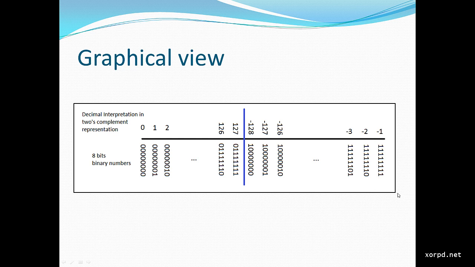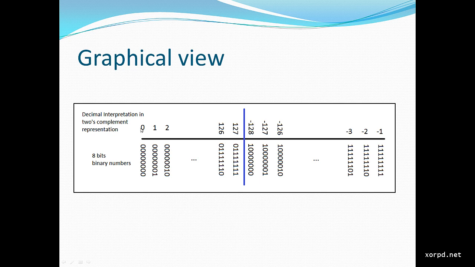There are some other interesting things in this picture. For example, the most positive number, 127, is not as positive as the most negative number is negative. To put it in other words, the absolute value of the most positive number is lower than the absolute value of the most negative number.